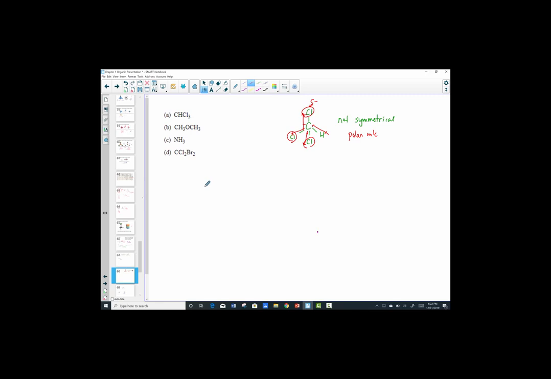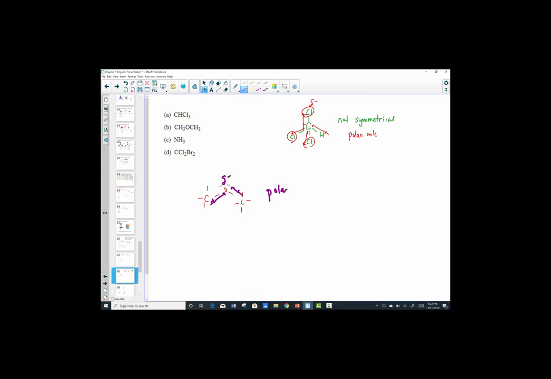Here we have in letter B, CH3, O, CH3. And remember, when I think about the geometry, the oxygen has lone pairs of electrons. Sometimes drawing that out helps us see that. And I can see that the dipole moment is being pulled towards the oxygen, making it very rich in electron density.